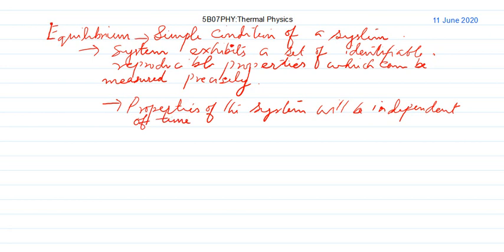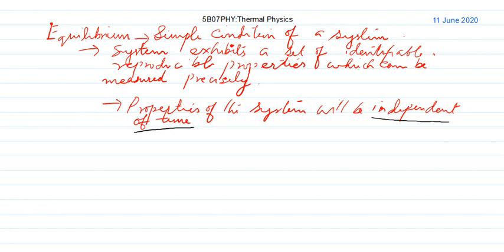That is something very, very important. That is why we call it equilibrium. So equilibrium is a condition where the properties of the system become independent of time, and since they are independent of time, you can measure them precisely, and also you can reproduce the same properties at a later point of time.